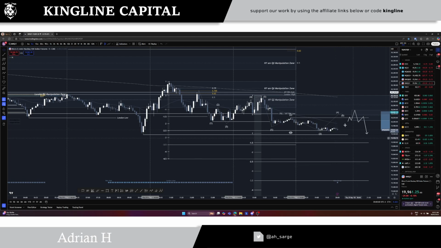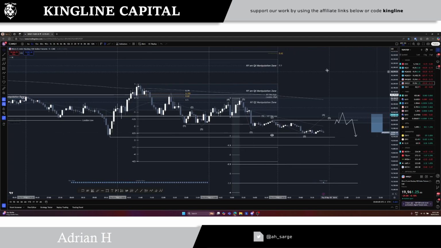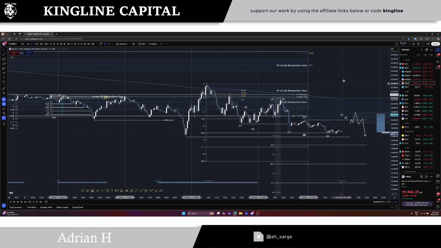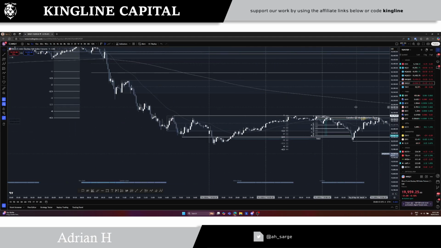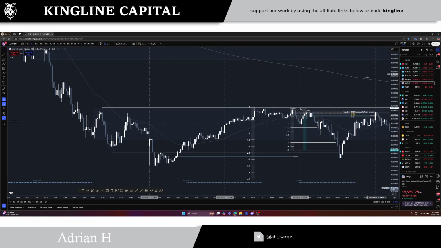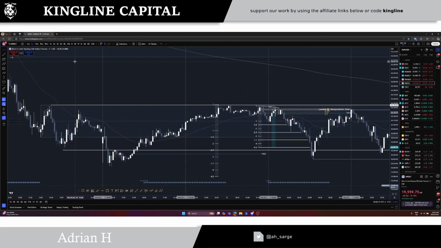Otherwise, it can just fall down, and happy to miss out on that. Okay, so we open the day up with Asia. There was no clean standard deviation down here, so I didn't have any positions for this move up.